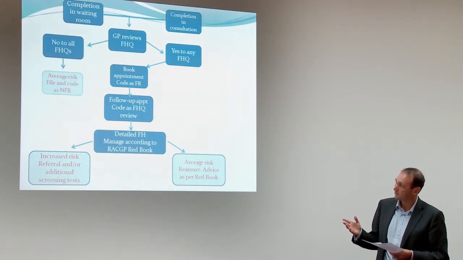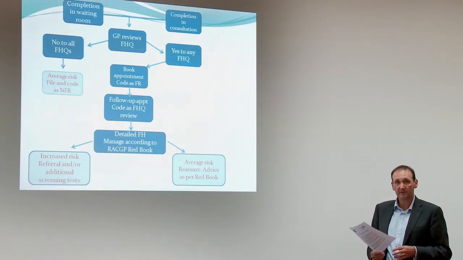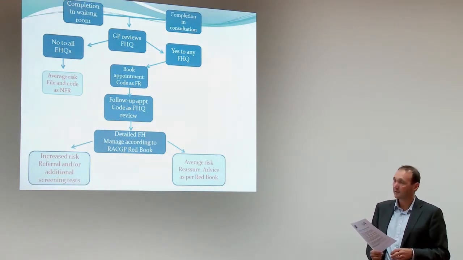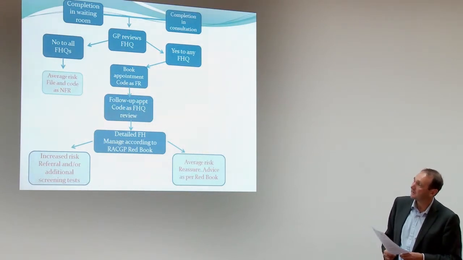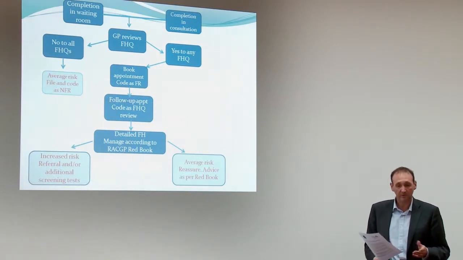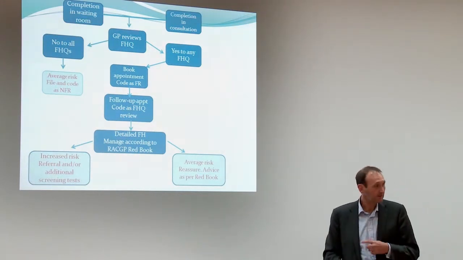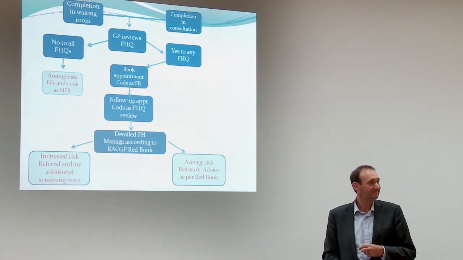For those that are increased risk, it's a matter of referring and managing them according to the guidelines that I'm going to go through in more detail in a moment, and that may be referral or organisation of additional screening tests. Any questions about that?